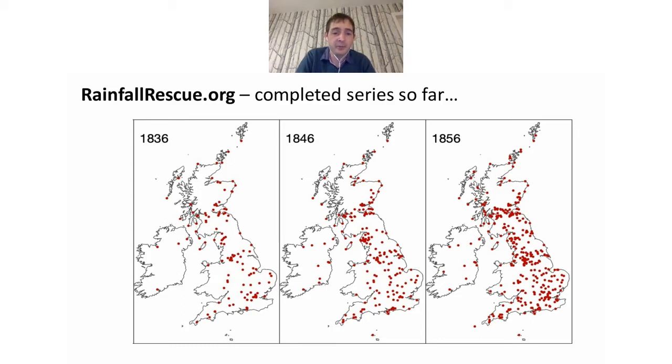Before 1836, we start to run out of rainfall observations in Wales and in Northern Ireland, and so it's very difficult to produce a whole UK series before about 1836. So 1836 is probably as far back as we can go in terms of reconstructing the whole of the UK, and the coverage is pretty good. As I said, we're continuing to improve this coverage all the time as we piece together more of these long rainfall stations.